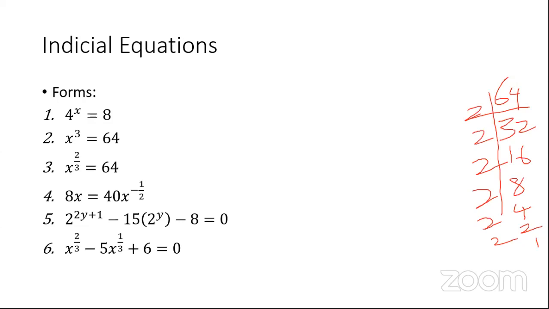Okay, so it means it is 2 raised to power what? 2 raised to power 6. So I can easily come back here and say that what? I have x raised to power 3 equals to what? 2 raised to power 6. So x raised to power 3 equals 2 raised to power 6.